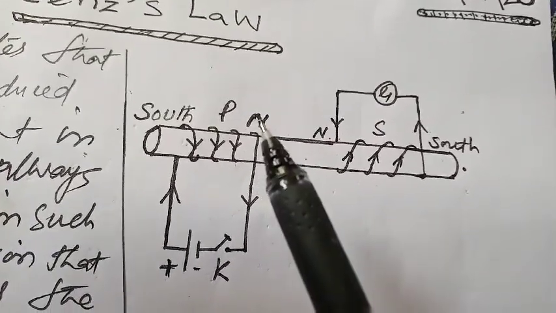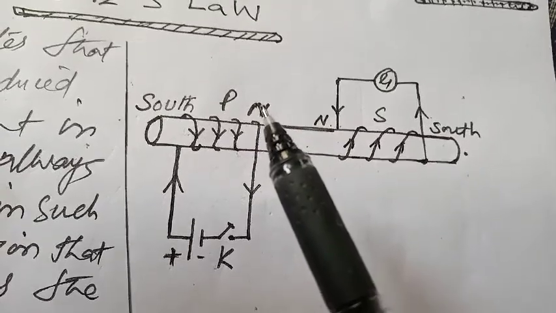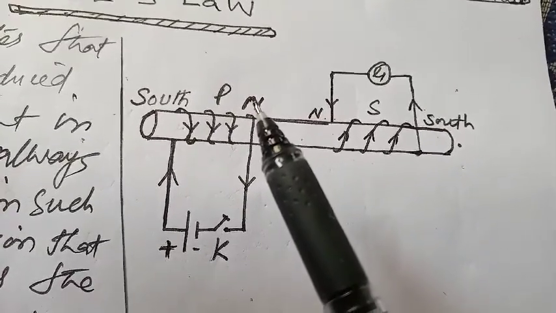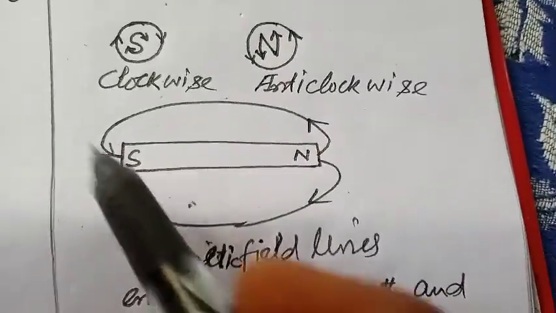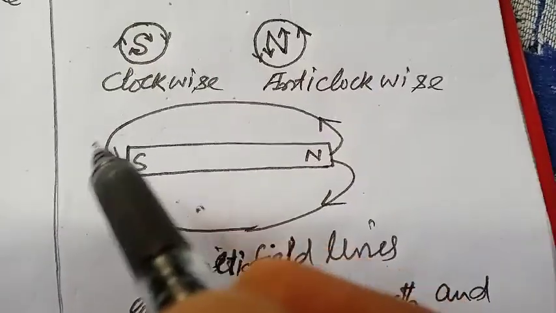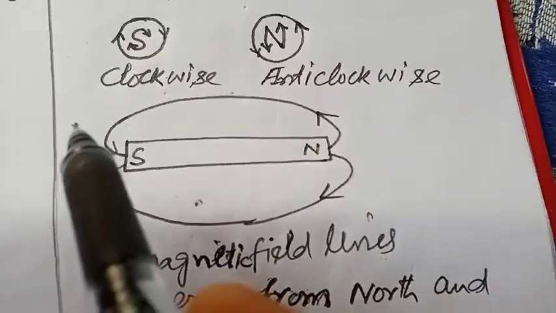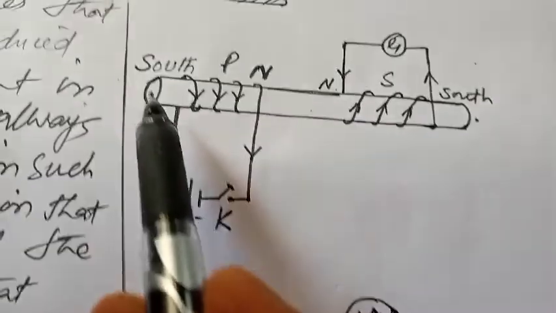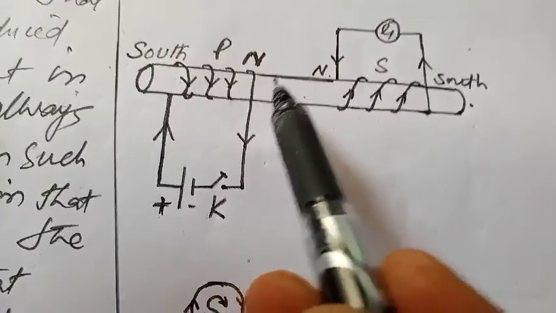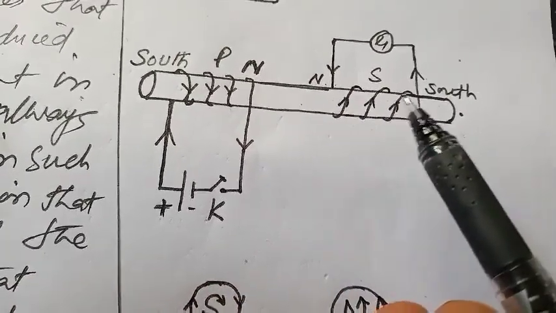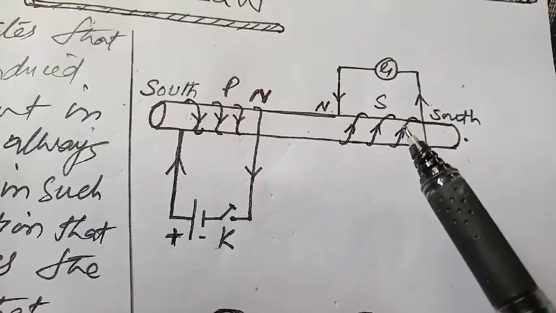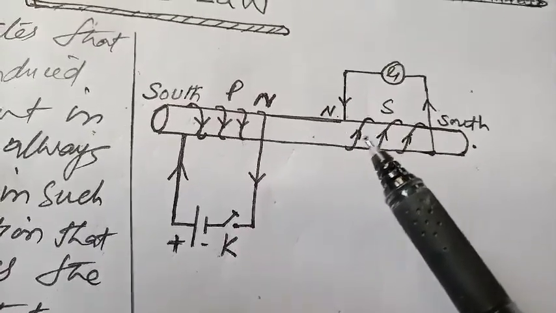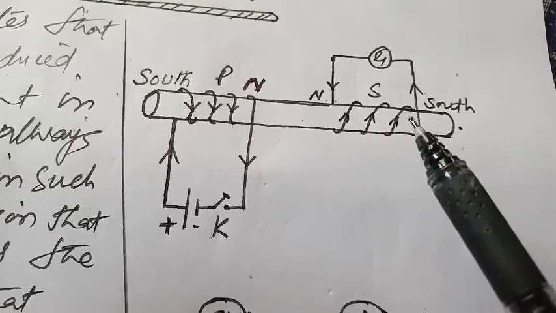Here, as we have seen, this face has become north, and the magnetic field will flow from south to north, from left to right. Since current also flows in the secondary due to the induced EMF, there will also be a magnetic field.